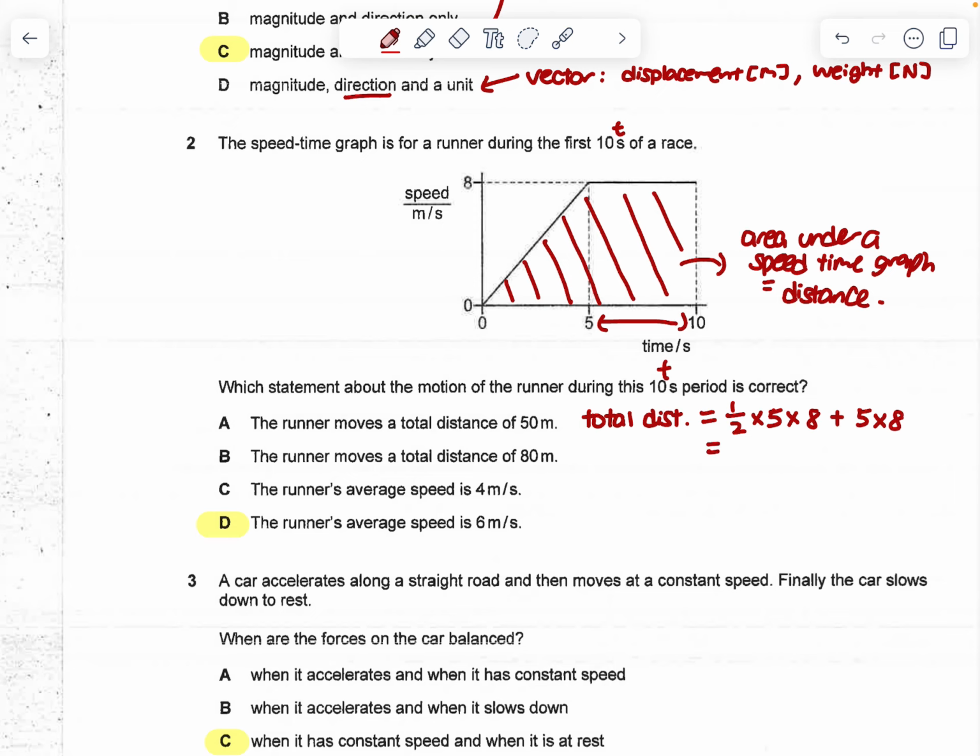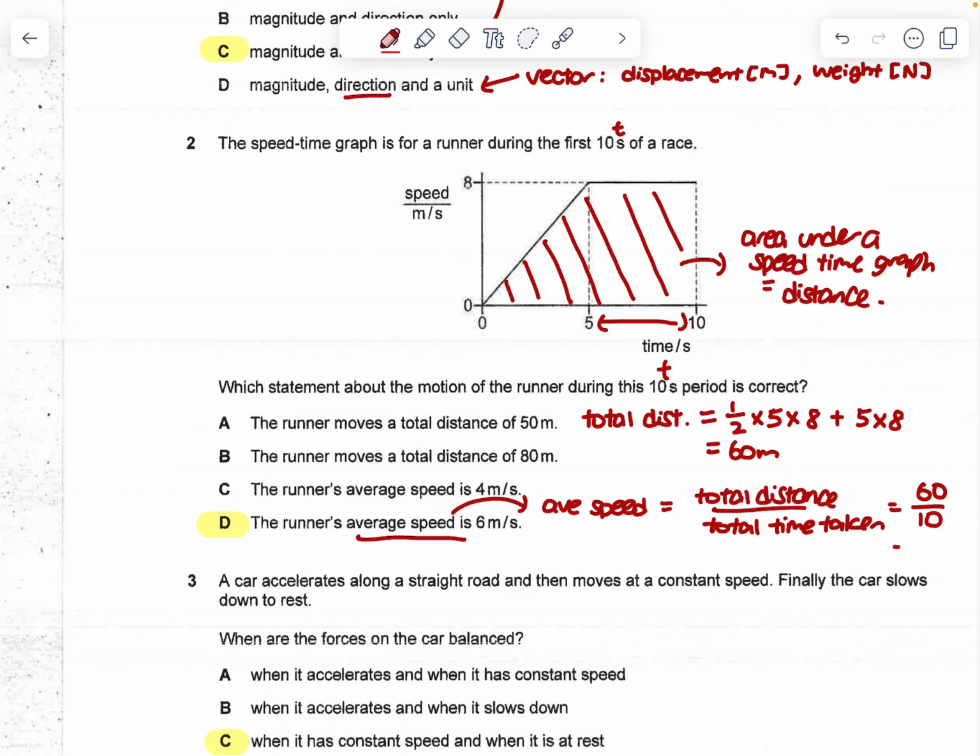You get a distance of 60 meters. To find average speed, the formula for average speed is equal to total distance over total time taken, which is equal to 60 divided by 10, 6.0 meter per second.